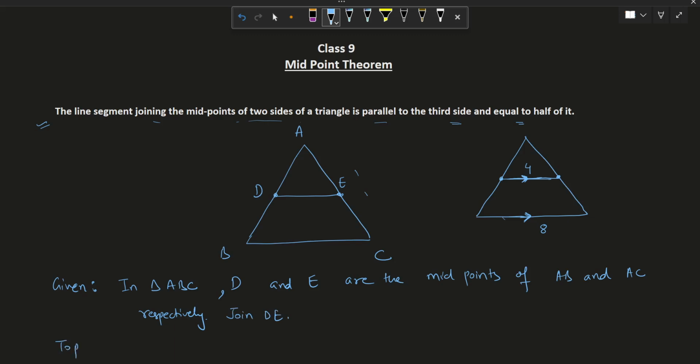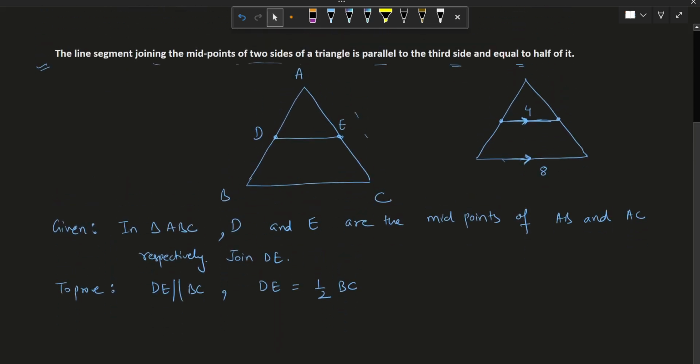What do you have to prove over here? We have to prove that DE is parallel to BC and DE is equal to half of BC. This is what we need to prove. So how are we going to prove it? We need to do some construction step over here, otherwise there is no way to prove it.